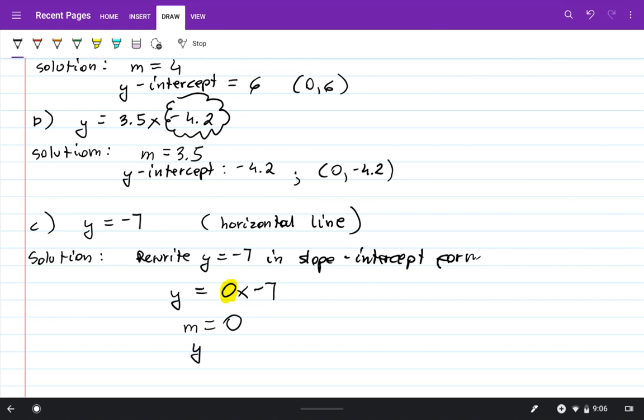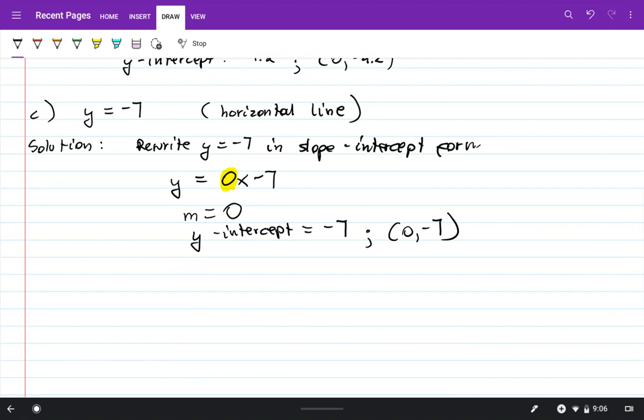And y-intercept equals negative 7, which means you have on the graph 0, comma negative 7. So I will quickly graph this y equal negative 7. So horizontal line, 1, 2, 3, 4, 5, 6, 7.